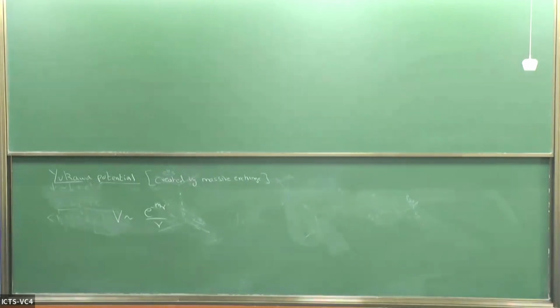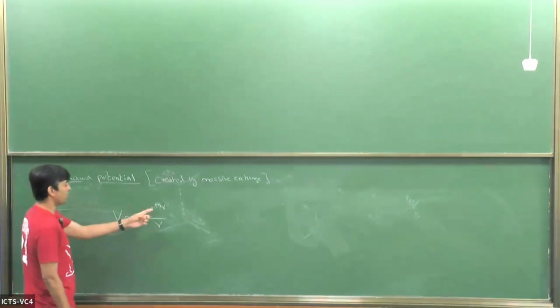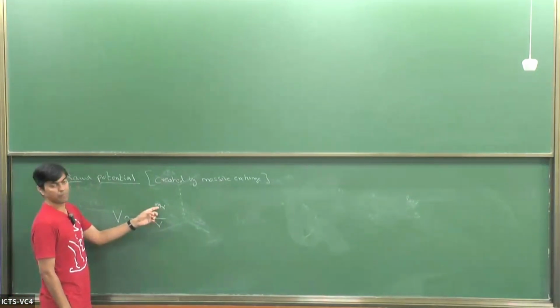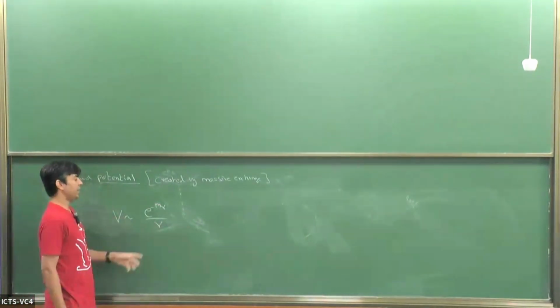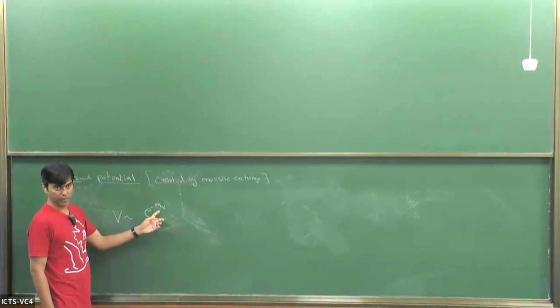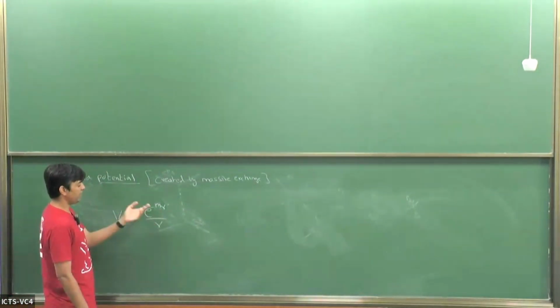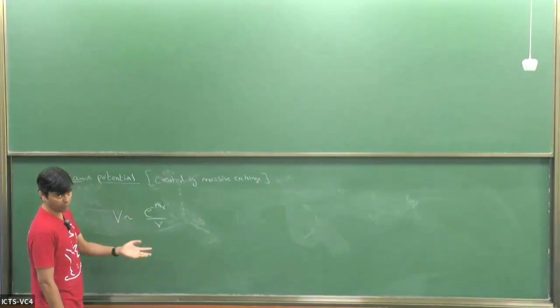In the situation where you have massive particles being exchanged, the force becomes a short range force with a range that's controlled by 1 over m, as opposed to the case where m is equal to 0, where the potential looks like 1 over r.